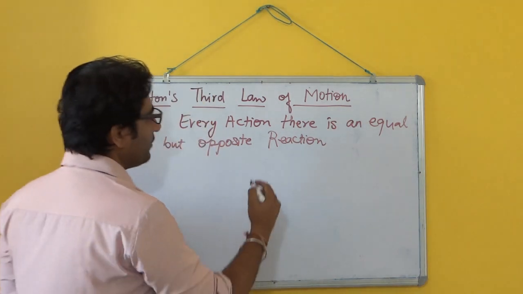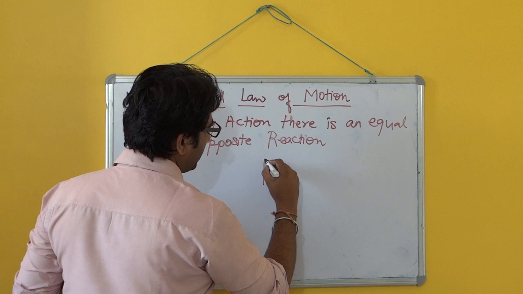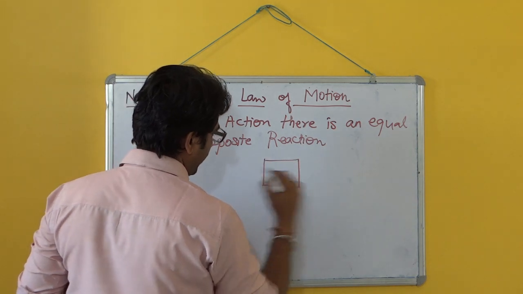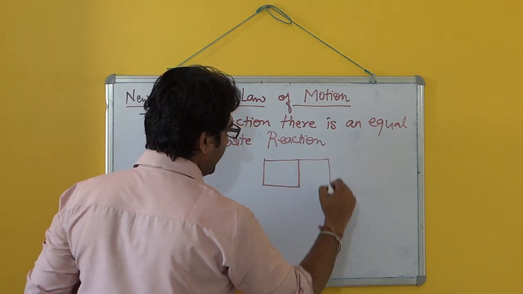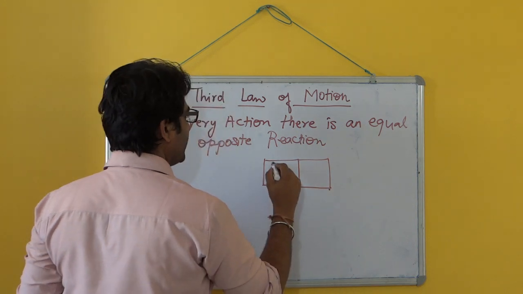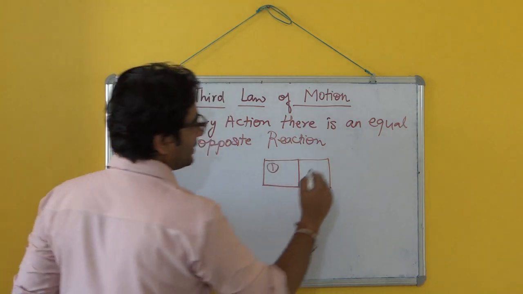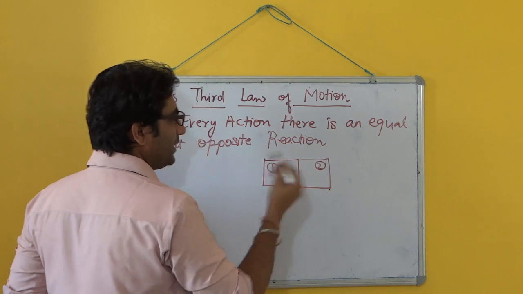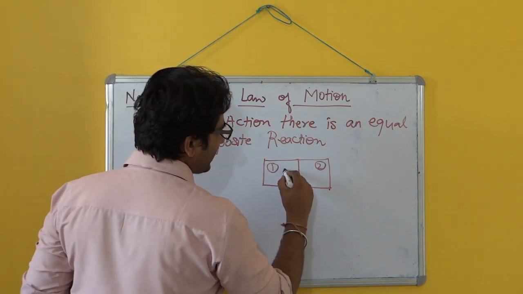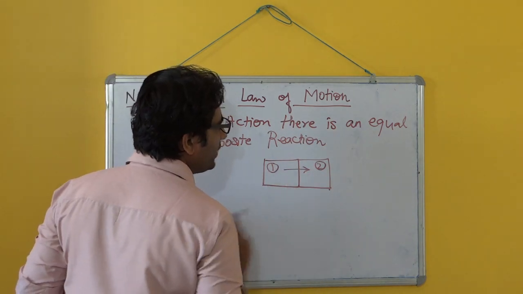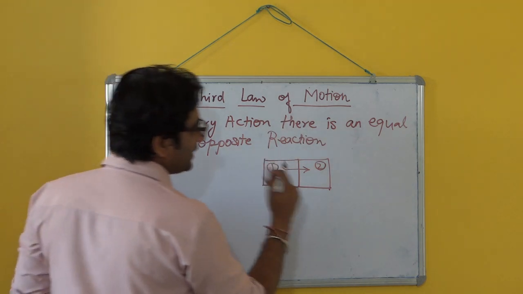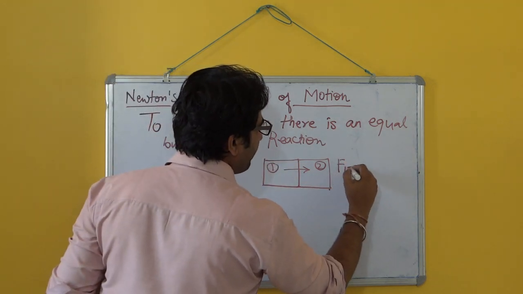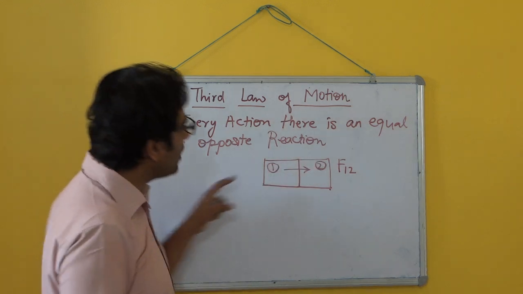Let us say we have two bodies, the body 1 and body 2. This is my object 1 and this is my object 2. Let us say that it is applying a force on 2. Let us say this force is given by F12. So what is F12?